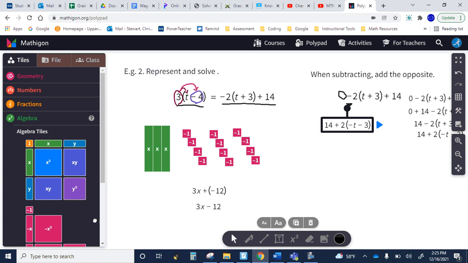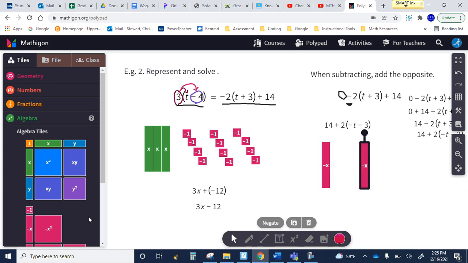So let's grab a negative x tile, and we'll duplicate that to make 2 of them. And then we need negative 3. So let's bring that in, and we'll get 3 of those copies. And because there are 2 groups, we need to duplicate that. There you have it. Okay, so fully duplicated.